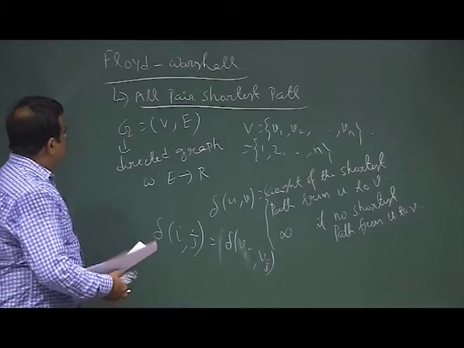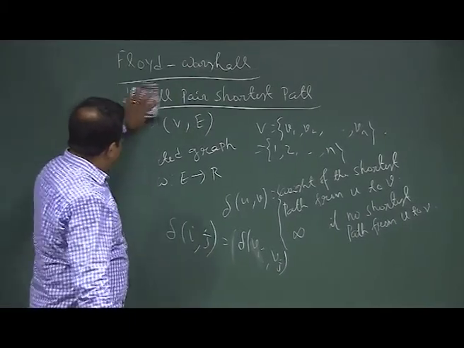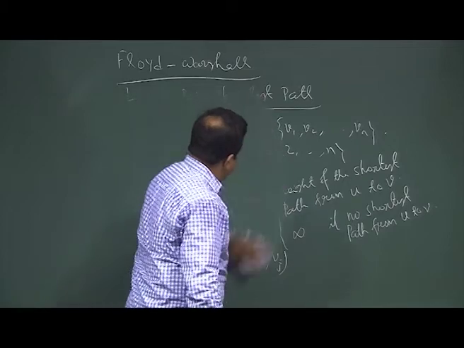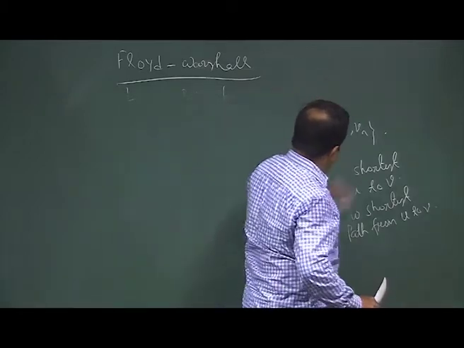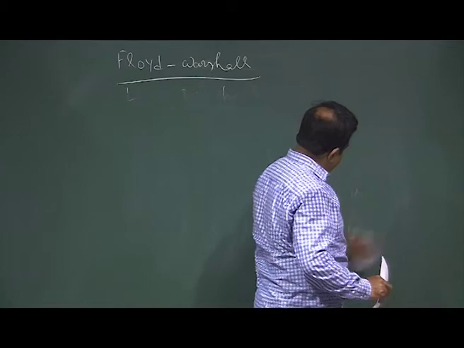So, for Floyd-Warshall, what did we do to find out this delta? This we have discussed in the last class, just to recap.